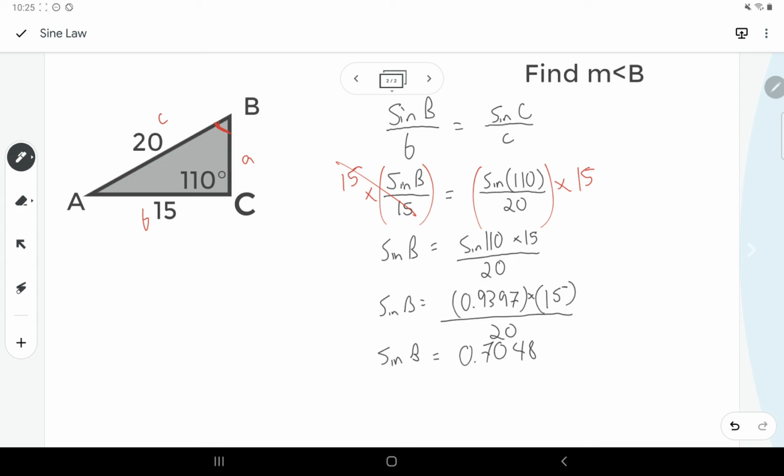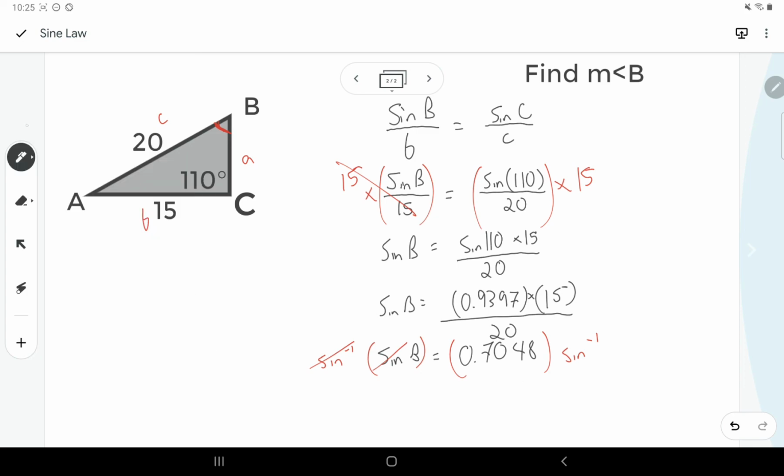0.7048. Now that's not an angle, that's way too small. But we're not at angle yet. We've got an angle there, but we've got a sine here. It's the sine of the angle. So we have to undo that sine. So just like the step tells us to do, we're going to use the inverse sine just to undo the sine. And we do that on both sides. So sine cancels over here.